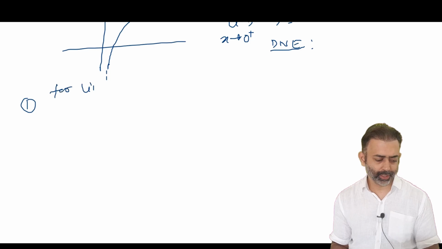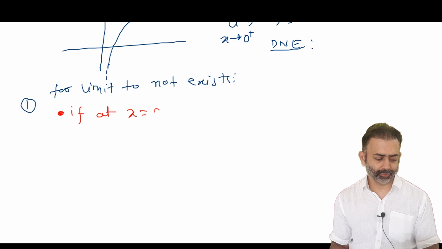For limit to not exist, number one point is that if at x equal to a, for example, f(x) is not defined.